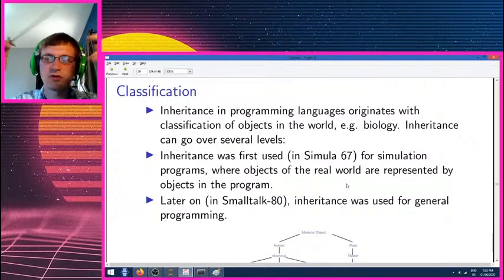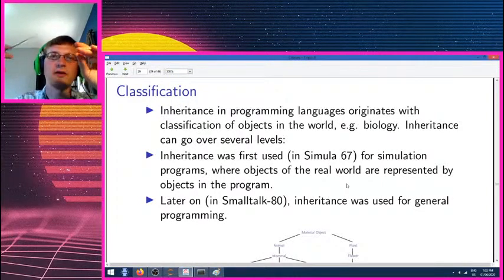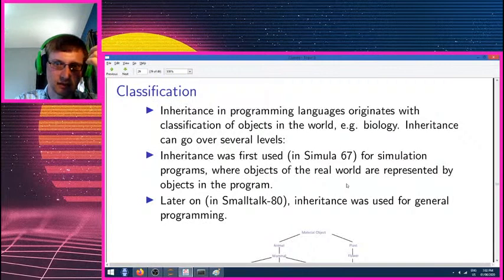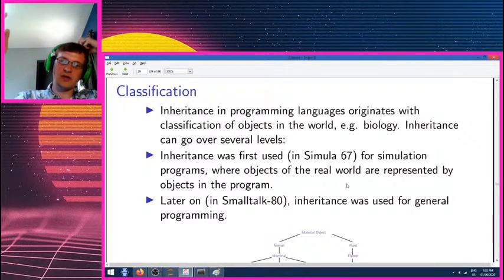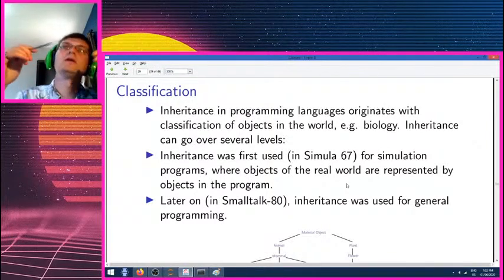Well, crustaceans are a type of arthropod, but you get the idea. Everything arthropod would inherit from animal, which inherits from living organism, which would inherit from thing or object, material object, right?